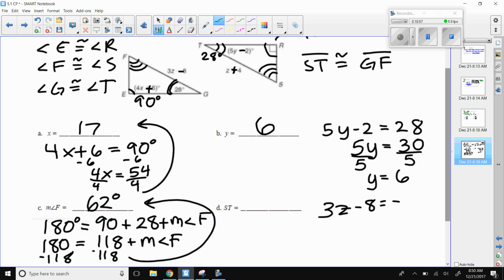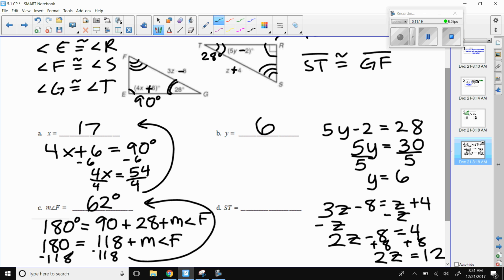8 equal to Z plus 4, and I want to solve for Z first before I can plug it back in. I'm going to subtract Z on both sides. I'm going to add 8. 2Z equals 12.